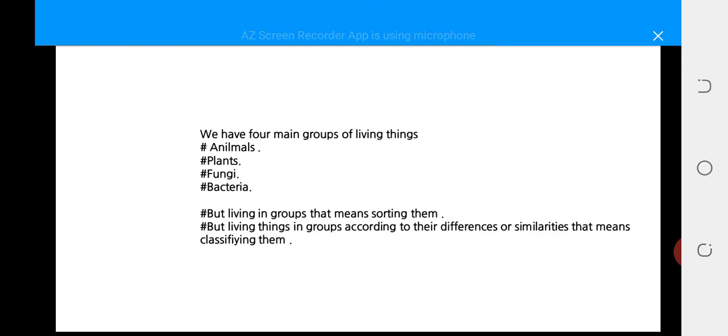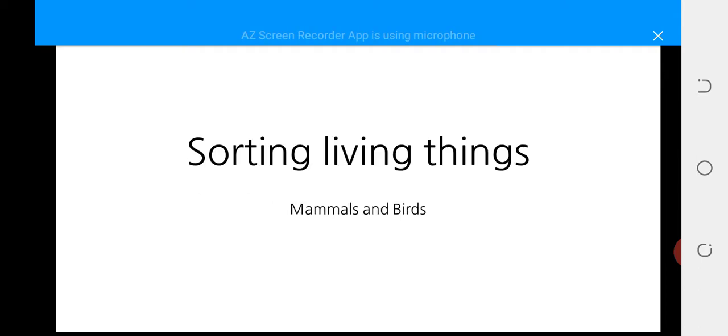When I put living things in groups according to their differences or similarities, that means classifying them. Just like grade 3, 3A, 3B, 3C, and so on. This is grouping things according to their differences or similarities.